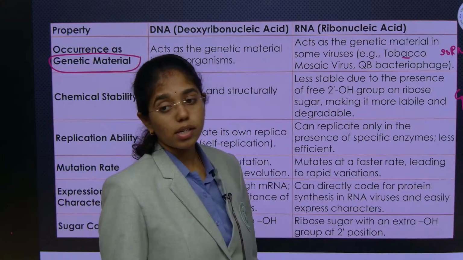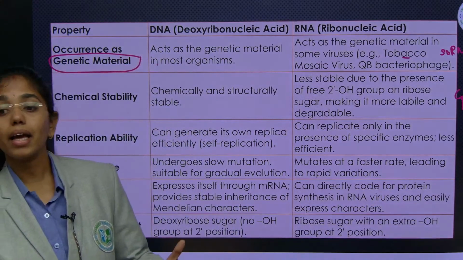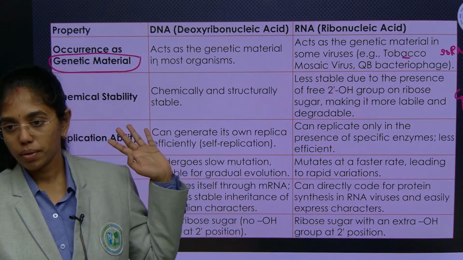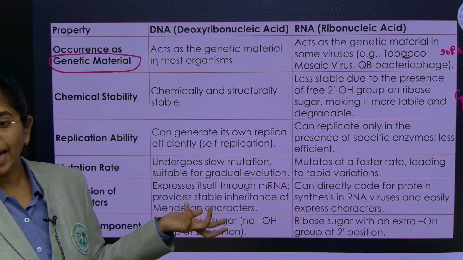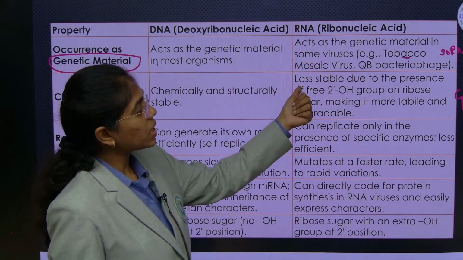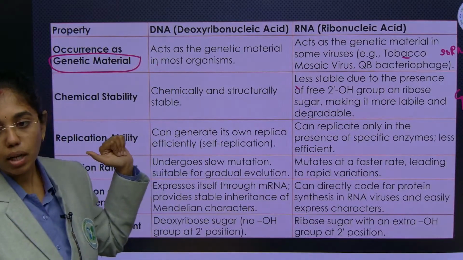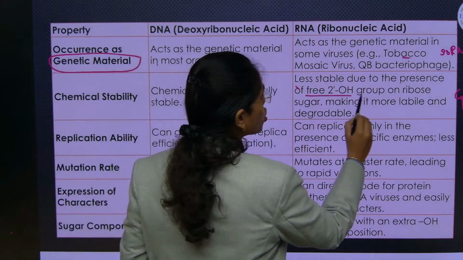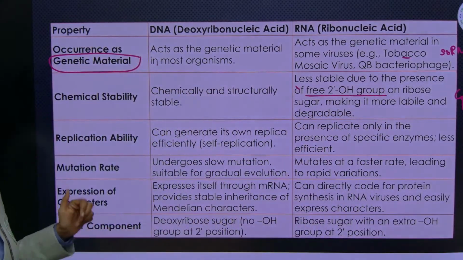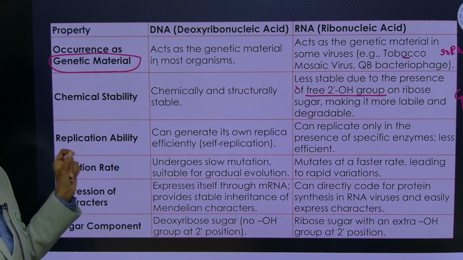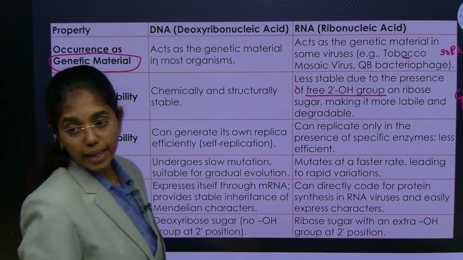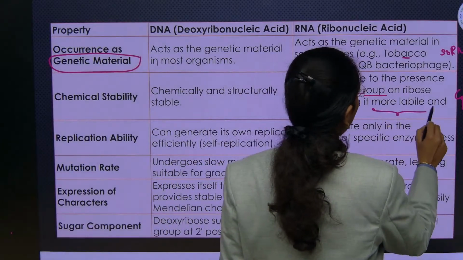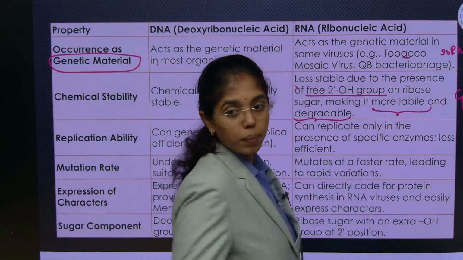That free OH group will make the RNA reactive and unstable. So RNA is less stable because it has a free OH group in the ribose sugar, making it more labile and degradable.